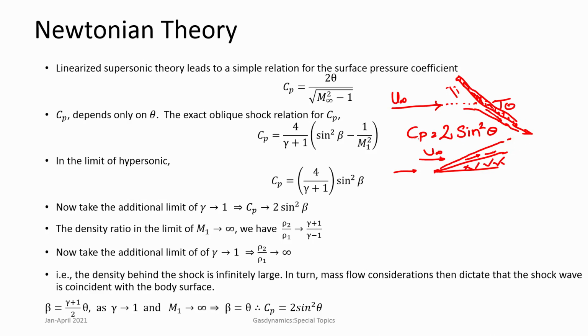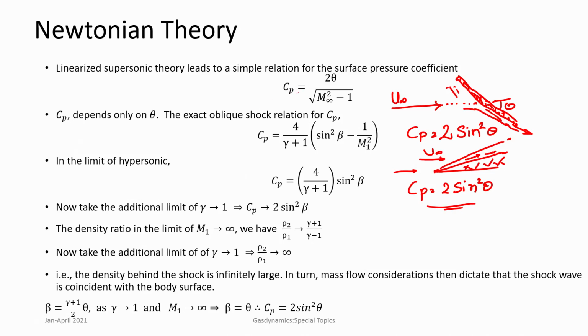Therefore, we expect that Cp equal to 2 sine square theta will be a good approximation for bodies in hypersonic flow. In fact, we can do it more rigorously also.